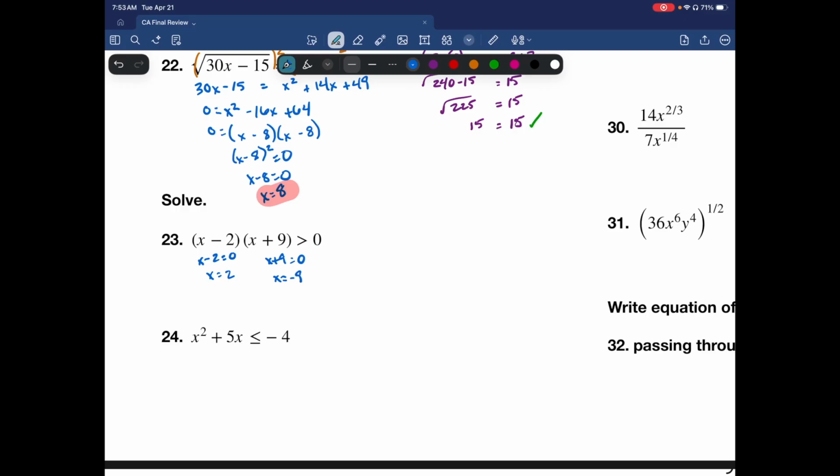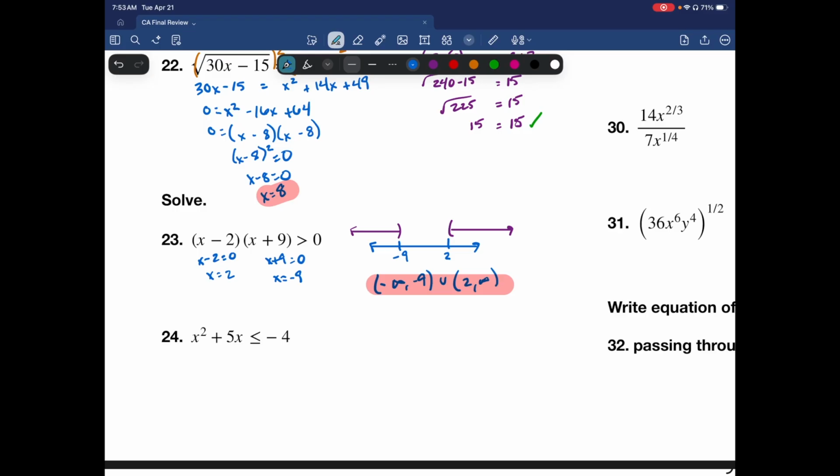So you graph it. You've got negative 9 on one side, 2 on the other. Because it's greater than, you're going to shade in opposite directions. So you've got parentheses on 2, shade to the right, and parentheses on negative 9, shade to the left. My interval notation for this is negative infinity to negative 9, parentheses, union, parentheses, 2 to infinity, parentheses on both infinities.